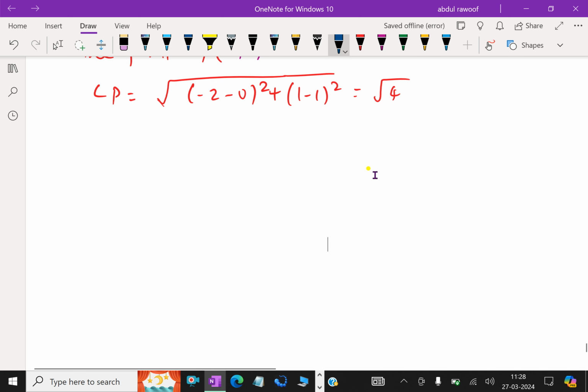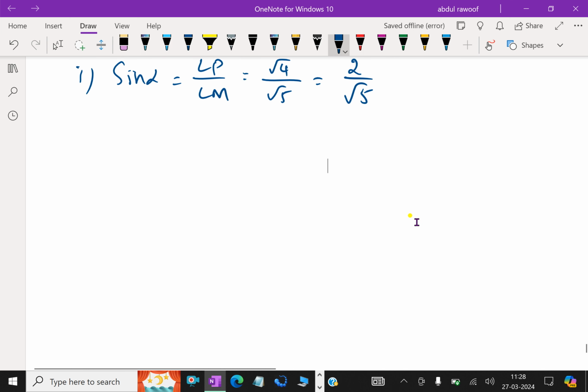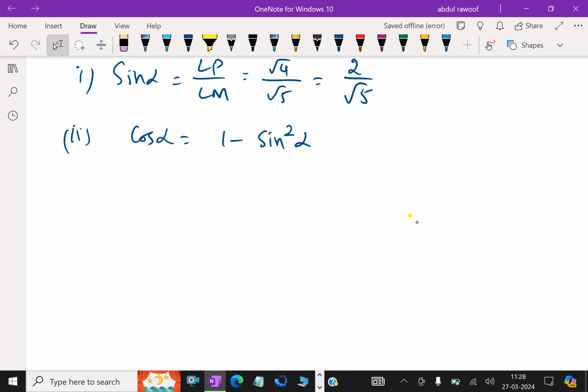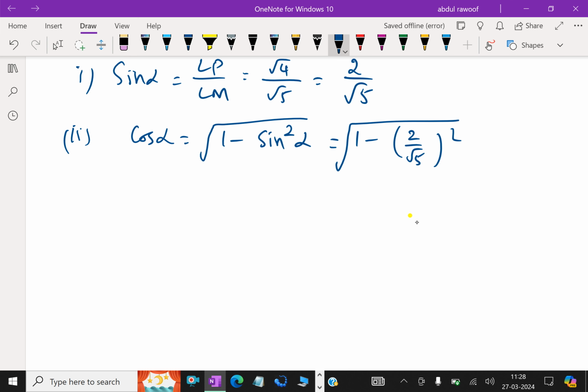Now write down the cos alpha. We know the relation between sine alpha and cos alpha: cos alpha equals the square root of 1 minus sine squared alpha, which is the square root of 1 minus 2 over root 5, squared. 2 squared is 4, root 5 squared is 5, so with 5 as the LCM, 5 minus 4, which is 1 over root 5.